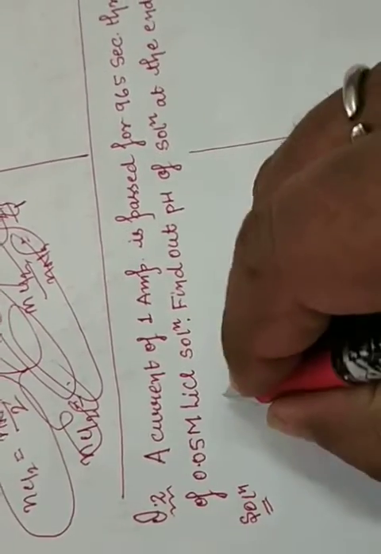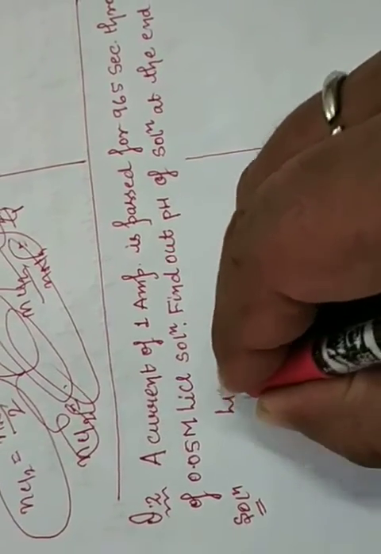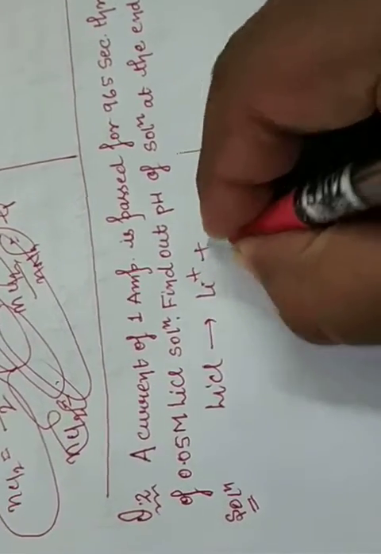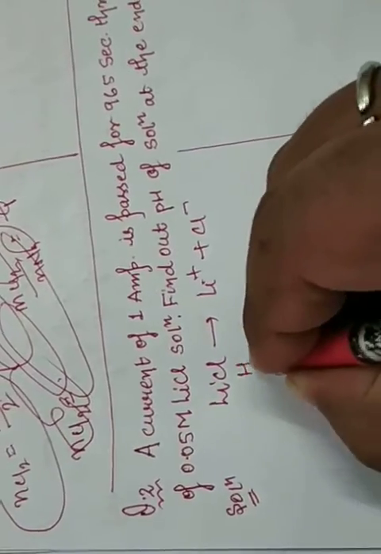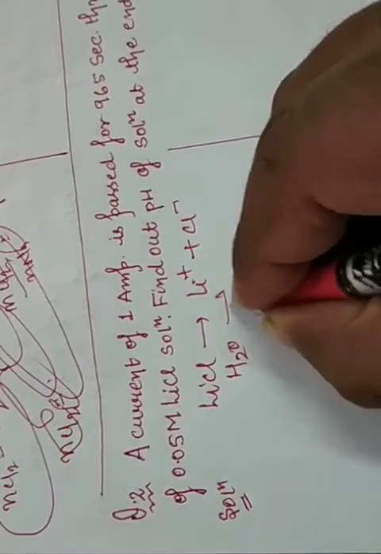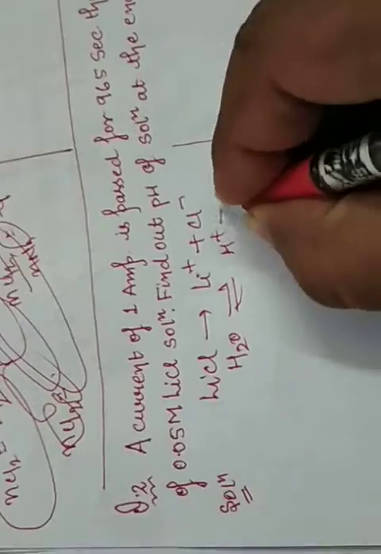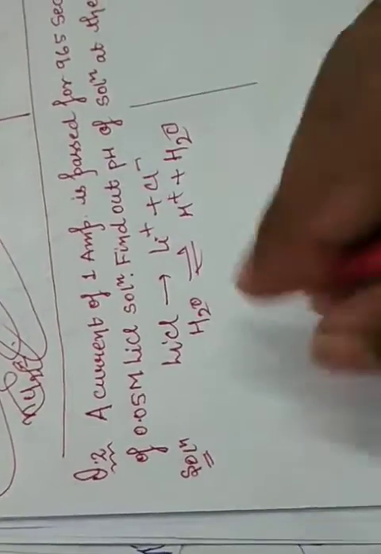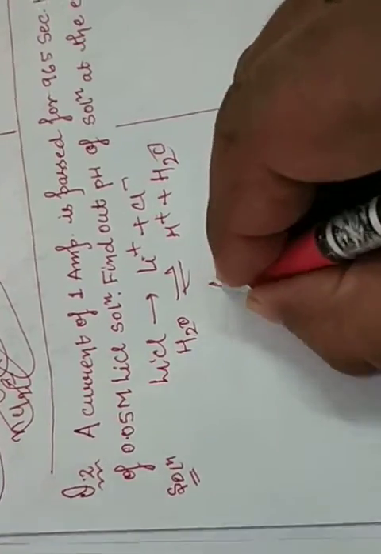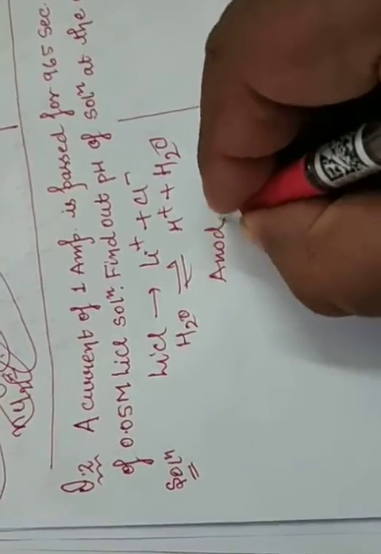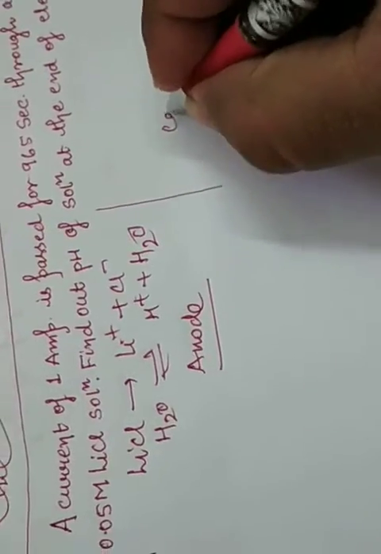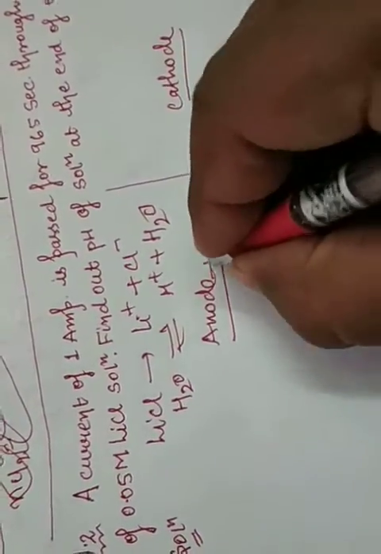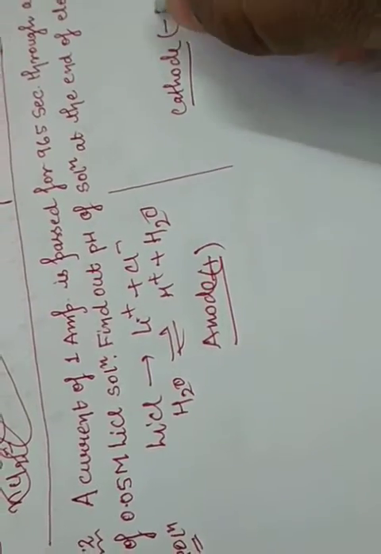So you know LiCl solution means an aqueous solution is given. The Li+ and Cl minus, and again there is a water molecule. This is the conversion of H+ and H2O. In my last video, water was considered in the solution as well. Now in this case there is an anode on one side and a cathode on the other. In an electrolytic cell, the anode is positive and the cathode is always negative.